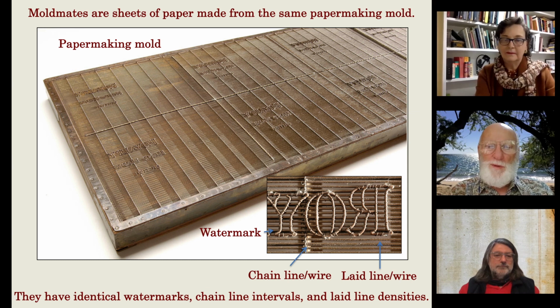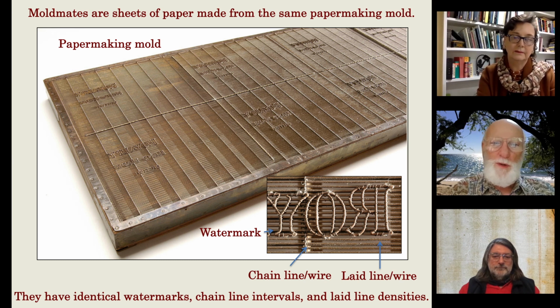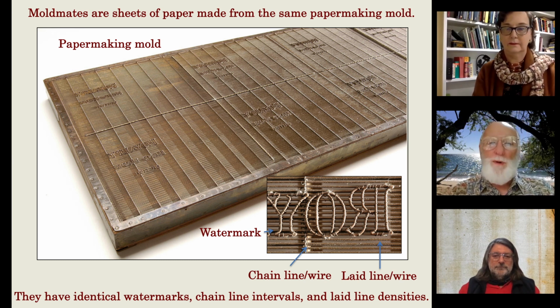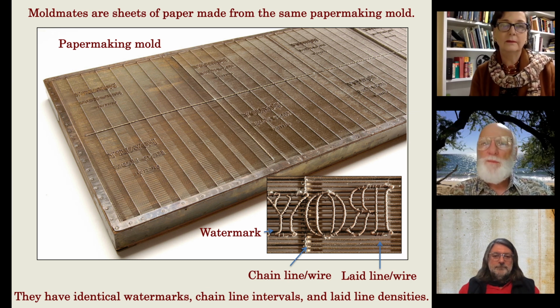One is the most visible here, the watermark, and then the vertical lines, which are visible in the bigger picture, are called chain lines, and they're the support for the laid lines, which are the ones that are closest together and most critical in terms of the water in the aqueous pulp draining property to leave a sheet of paper.